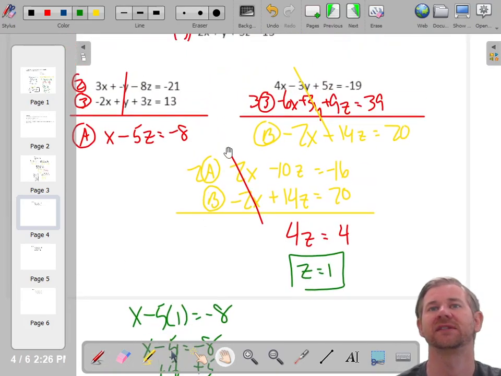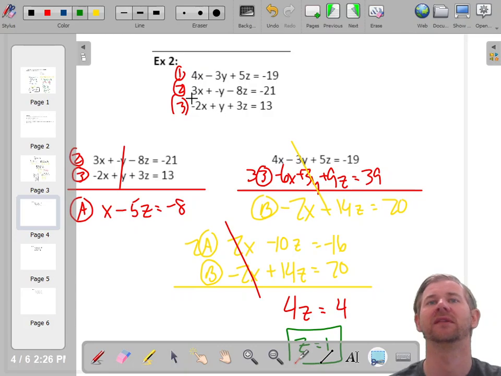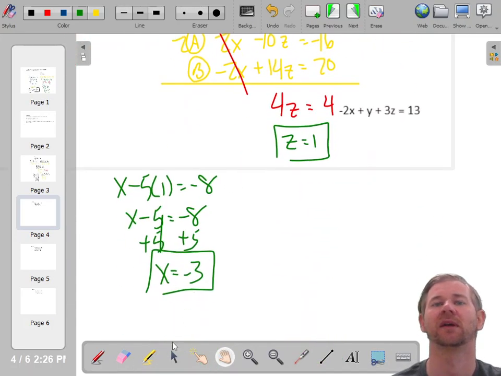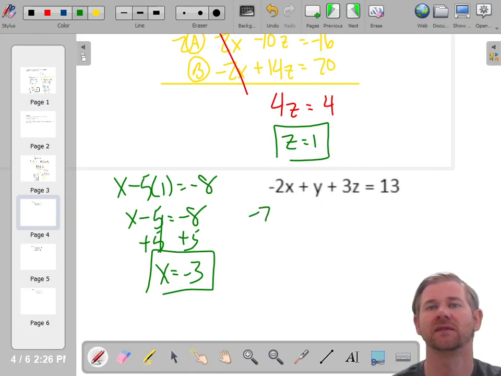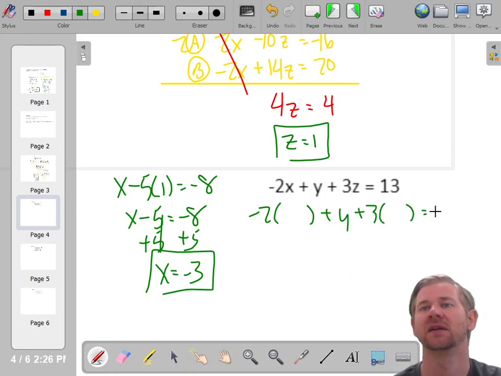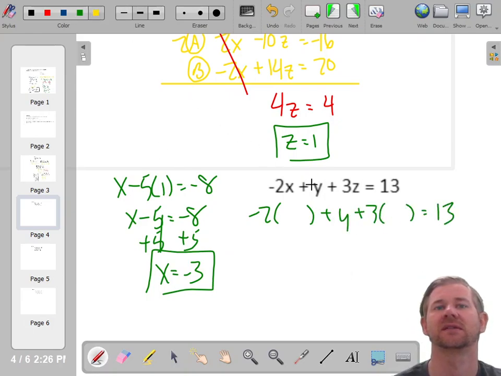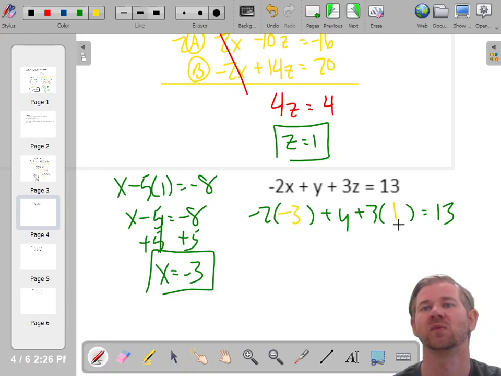One more time. I'm looking for y, so which one's easy to solve for y? Probably this guy. Okay. If I have a 1y, that's the one I'm going to pick. So let's plug in what we know. Negative 2, I know x, plus y, plus 3, I know z, equals 13. What's x? X is negative 3, z is 1.